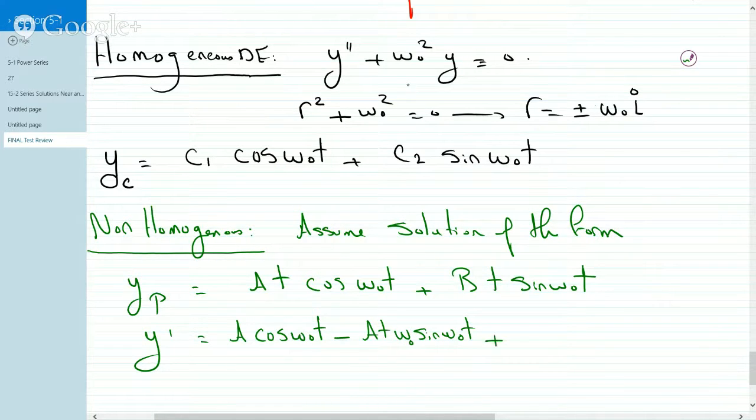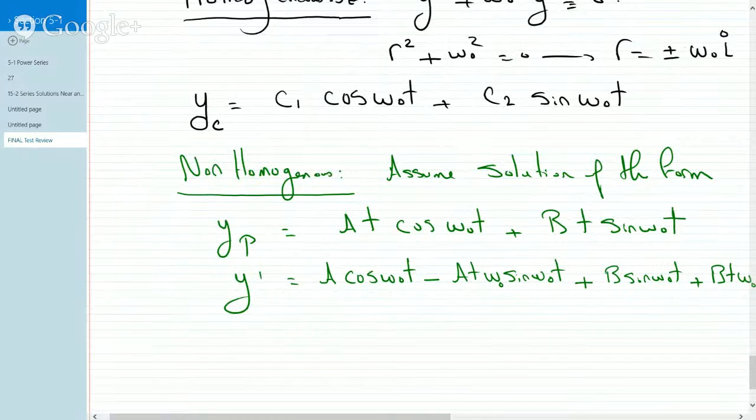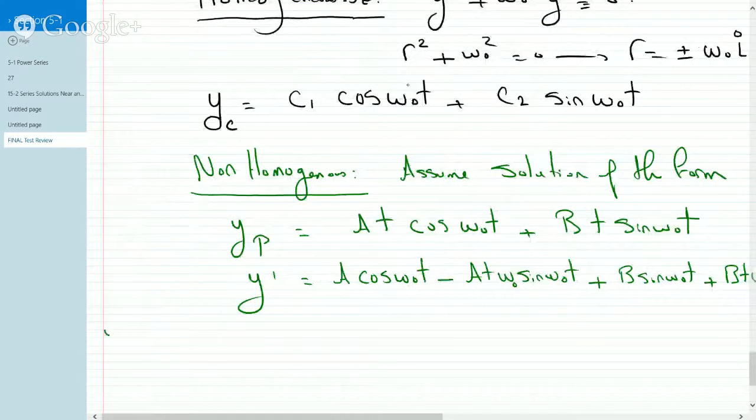The same thing applies on the second one. So we get b sine omega 0 t plus product rule b t cosine omega 0 t, and the derivative of omega 0 t is omega 0. So that's y prime. And now we will find y double prime.